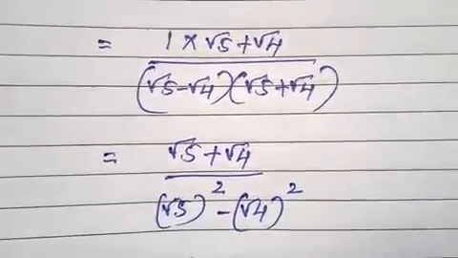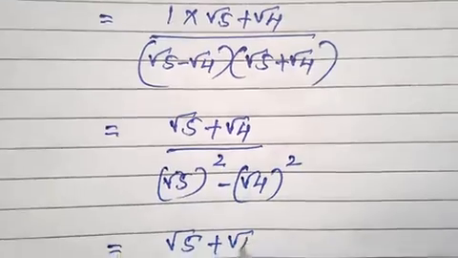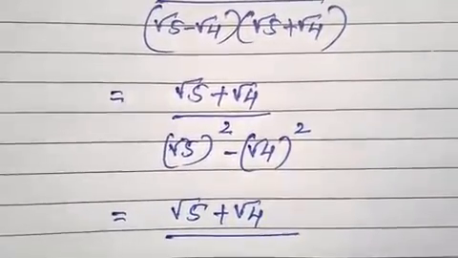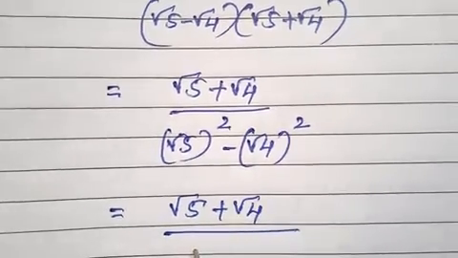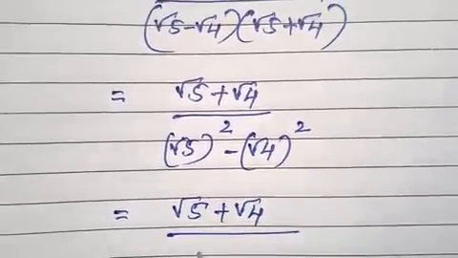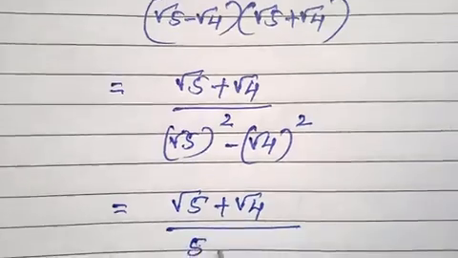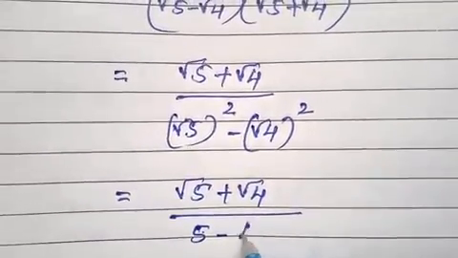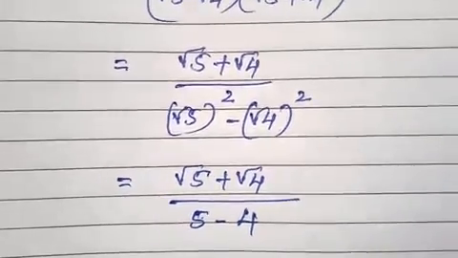So root 5 plus root 4 in the numerator, and in the denominator, root 5 square means what? Root 5 into root 5, that is 5. Root 4 square means root 4 into root 4, it will be 4. That means 5 minus 4.